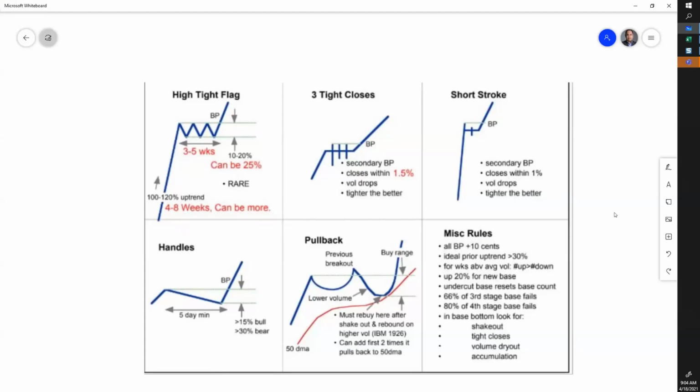And then for TODA bases, up to 50%. So very similar pa rin dun sa cup base structure na discussion earlier. Pero ganun pa rin. We're focusing on the magnitude ng correction after strong uptrends. And then we try to figure out how to properly trade them using our understanding of higher time frame frameworks.